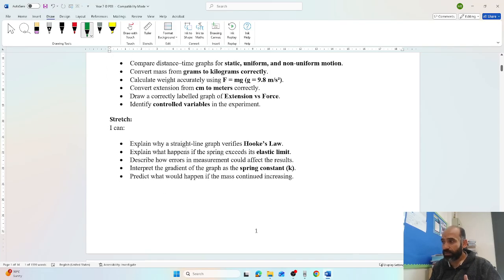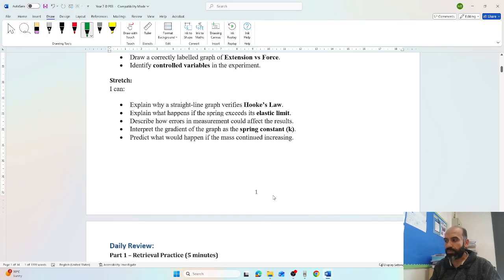If you can explain why the straight line verifies Hooke's law, and what happens if you add more masses than the spring can handle or exceed its elastic limit, the shape will not be restored, right? And the straight line will not be straight anymore.